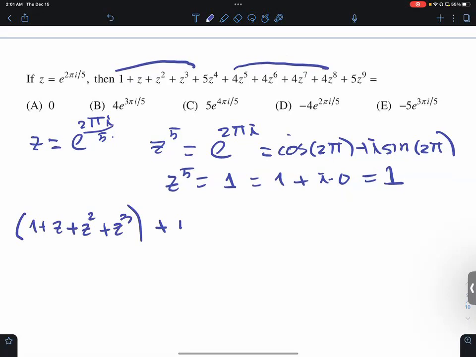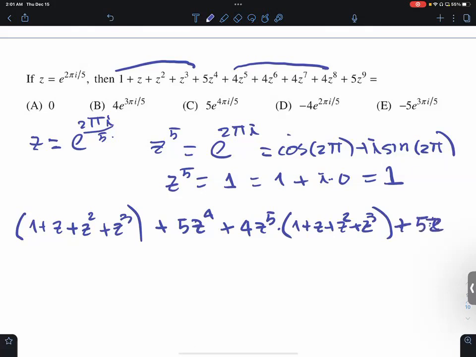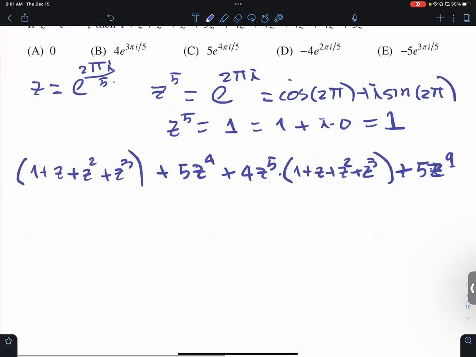I will leave the 5z to the 4 here. I'm going to factor 4z to the 5th times 1 plus z plus z squared plus z to the 3rd, and I will leave the 5z to the 9 intact. I'm going to factor these two out.